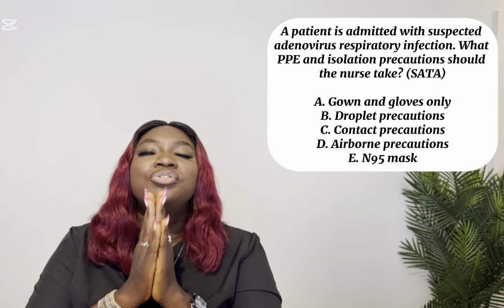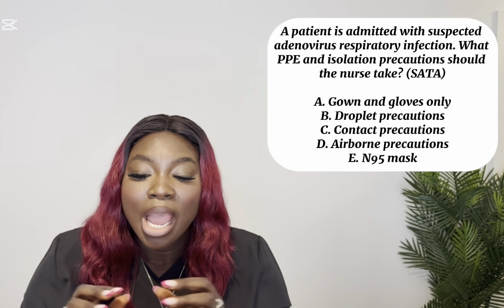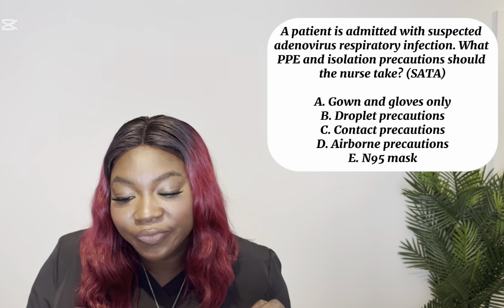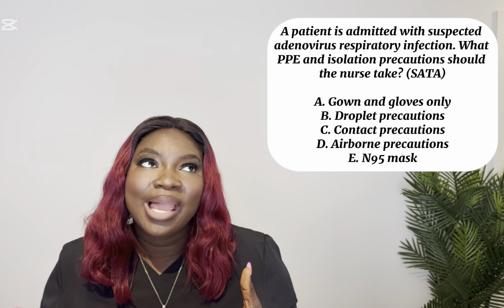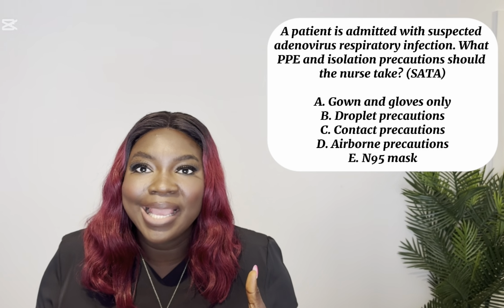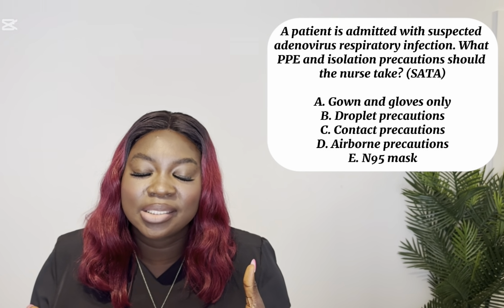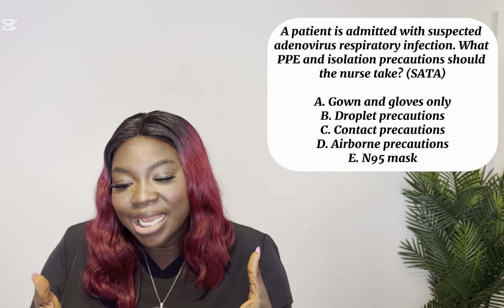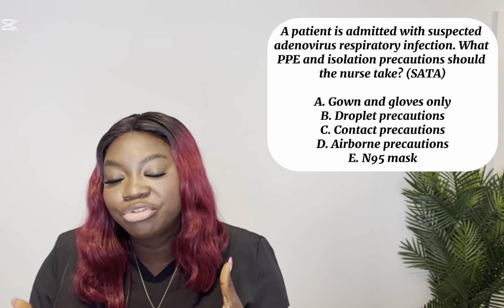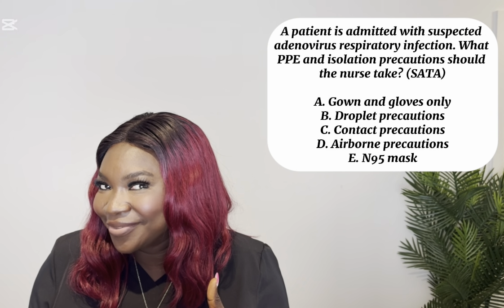Now guys, let me explain to you so you can understand. When your patients have adenovirus respiratory infections, they exhibit cold-like symptoms, like sneezing, coughing, flu-like symptoms. And adenovirus is spread through respiratory droplets. That should give you a hint, right?